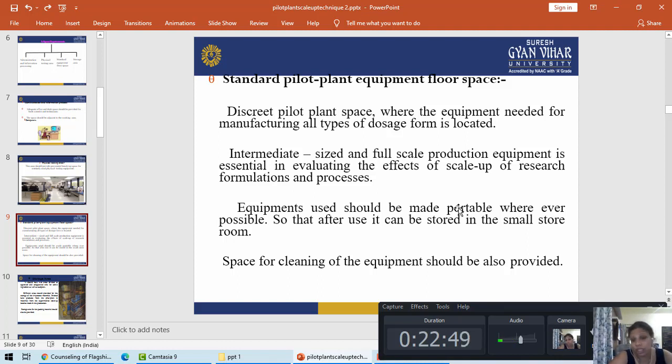The equipment used should be made portable wherever possible, so that after use it can be stored in small storerooms. Space for the cleaning of the equipment should also be provided. Not only the equipment space, but also the cleaning space is equally important. The intermediate size or full scale production equipment should be placed in that place.